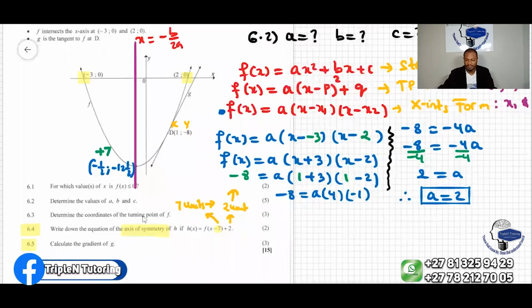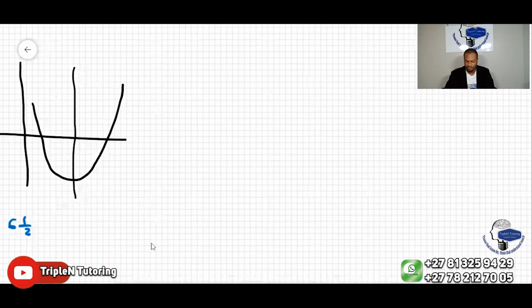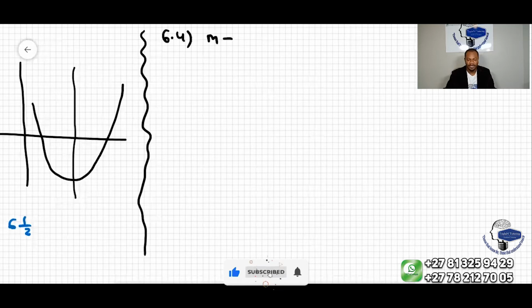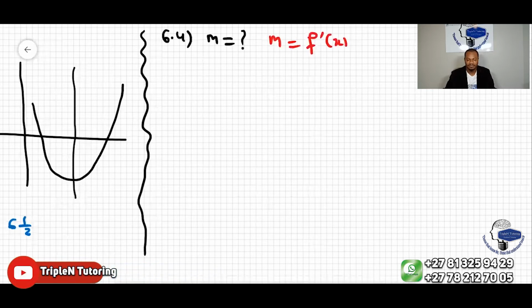So we're looking for the gradient of the function, and the gradient of the function is just the derivative of that function.